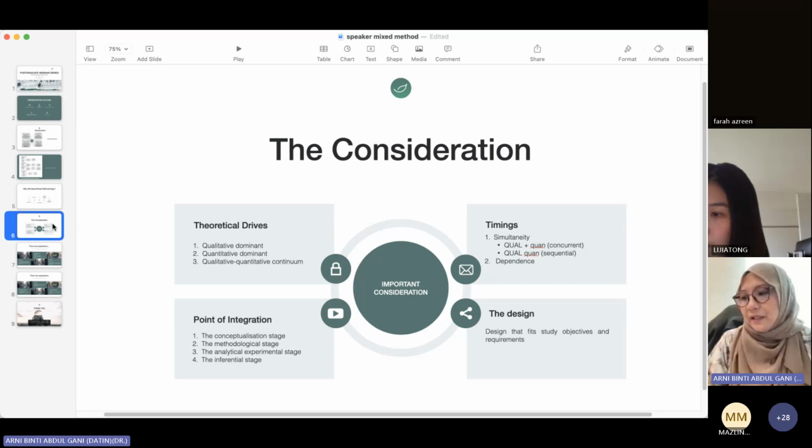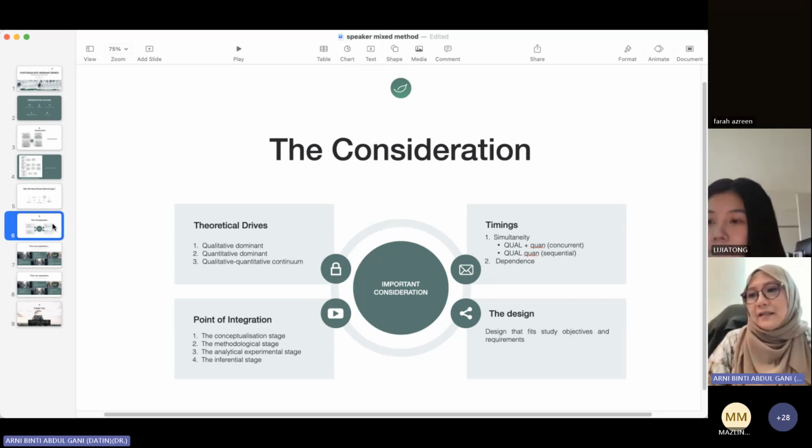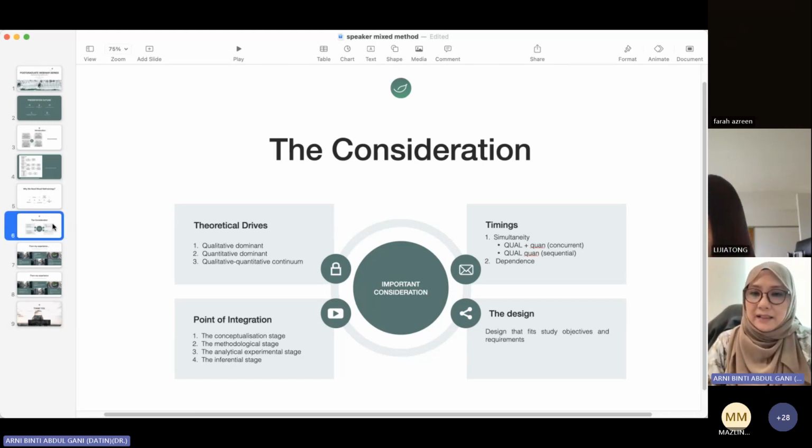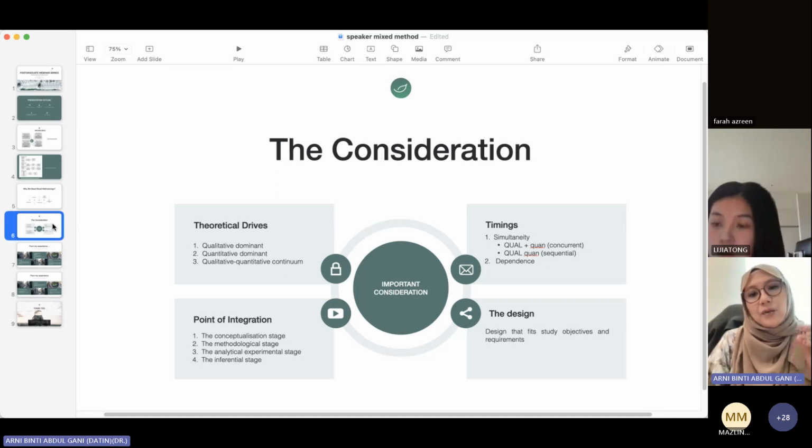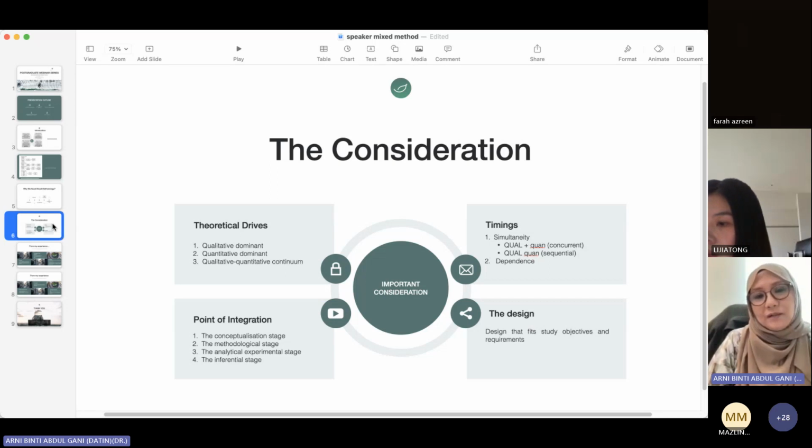And then come the timings. The timings refer to when both the quantitative and qualitative components of the study are carried out. The first is simultaneity, and the second is dependence. In simultaneity, are you qual plus quant, that is concurrent, or are you qual quant, that is sequential?